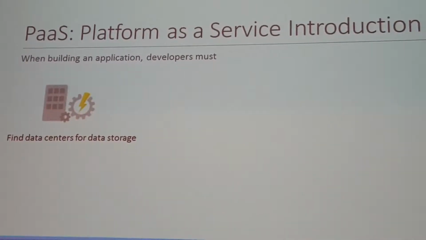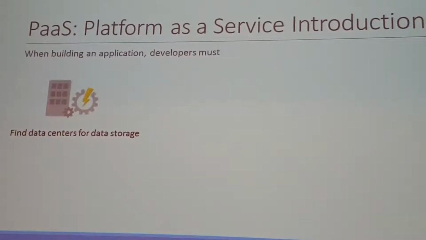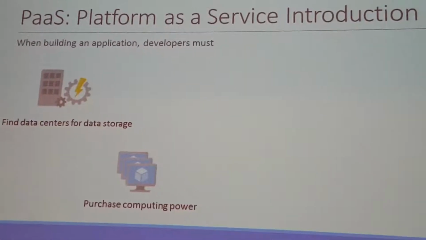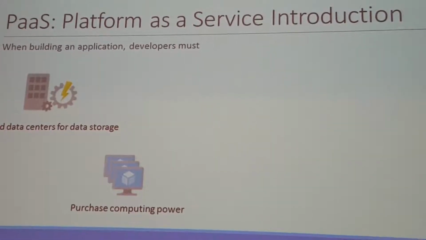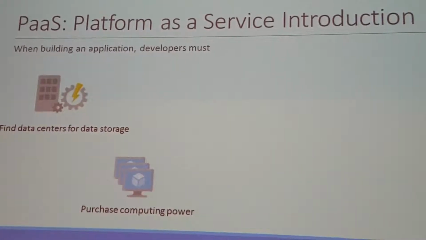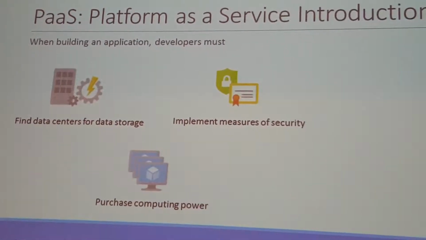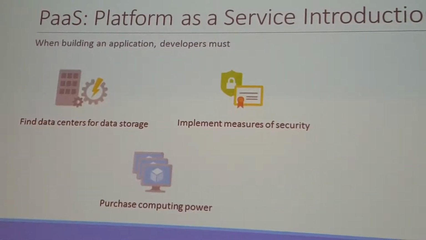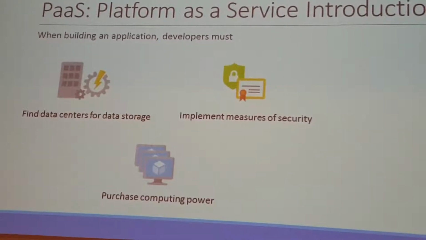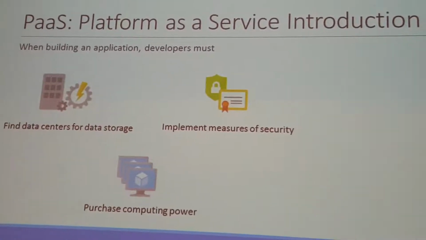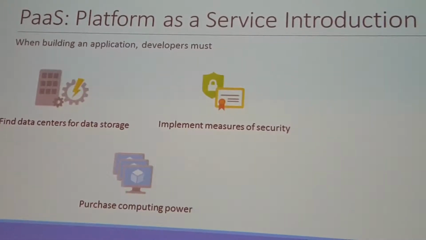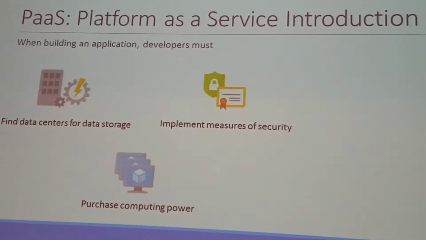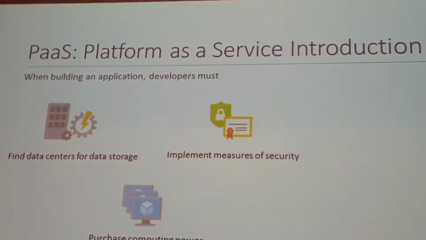For example, finding data centers to store all the data that their application uses, purchasing compute power to allow the application to process and run, and implementing measures of security, because keeping the user's data and actions private is very important.